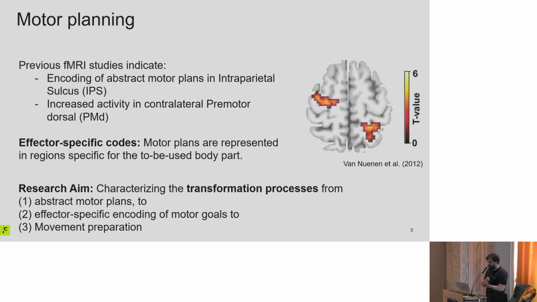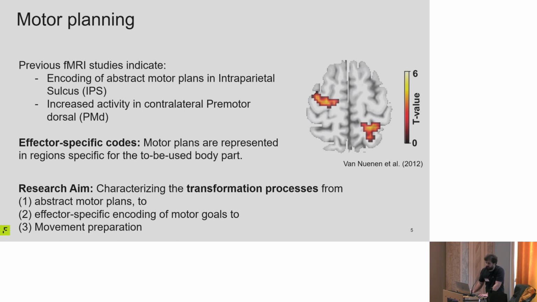What remains debated today is how these different processes integrate together, and how it is possible to first represent more abstract motor goals, encode them in effector-specific brain regions, and thereafter transform them into a more specific movement plan prior to movement execution.